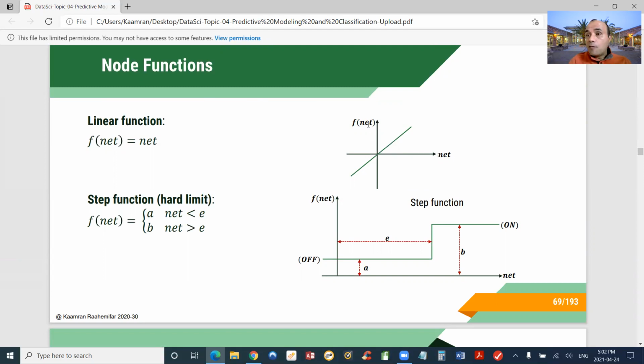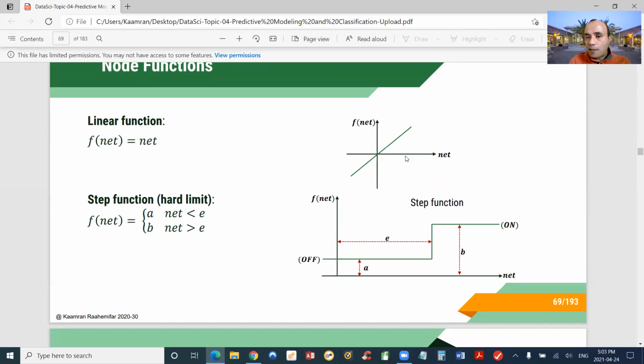Now here, what is the function? What are the functions we are talking about that the neuron is supposed to work on, or behave upon, or operate upon? So what is happening is this: I need to have a net, an incoming signal that is coming in, and then f of net is going to be linearly increasing.